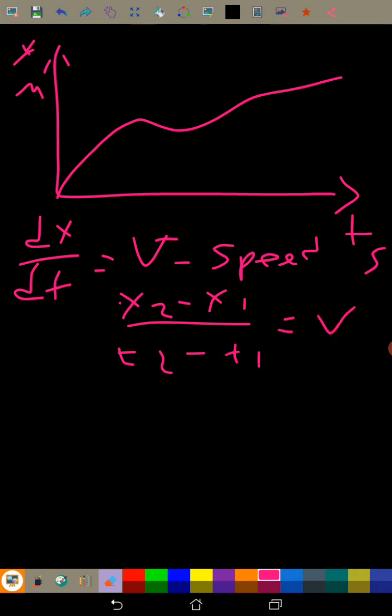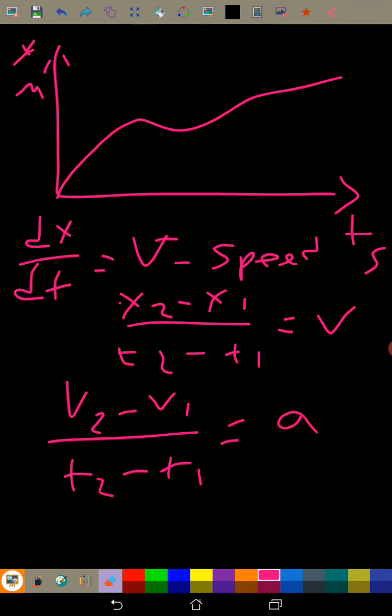But if we want the speed changing with respect to time, we'll get acceleration. How speed is changing with respect to time. But here we only have the graph for x against t.